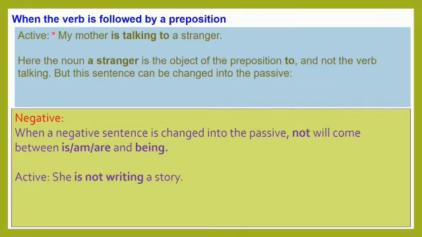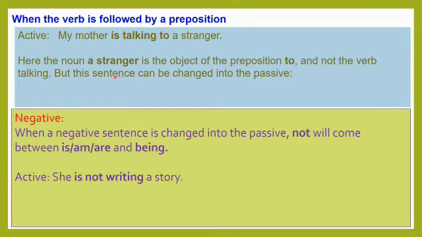When the verb is followed by a preposition, what will happen with the sentence? In active voice, for example, the sentence, my mother is talking to a stranger. So here the noun, a stranger, is the object of the preposition to, okay? It is the object of the preposition to and not the object of the verb talking.